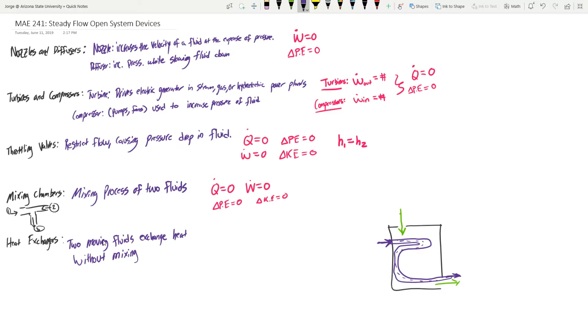So you're going to have an interaction between the purple fluid and the green fluid. So meaning that if you look at this, the heat leaving this pipe system, so the Q out of this, for instance, that is going to be the Q in into the green. That would be equal to the Q leaving the purple. So that's what we would do for heat exchangers. Just a quick glance.